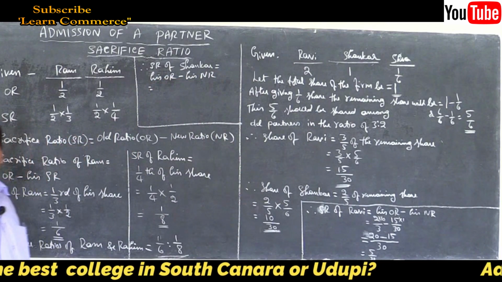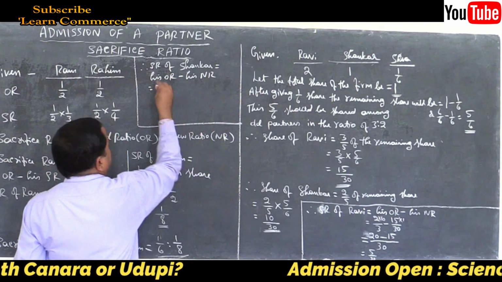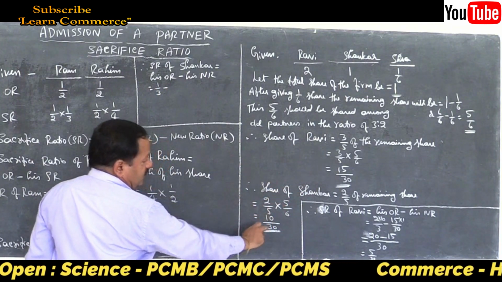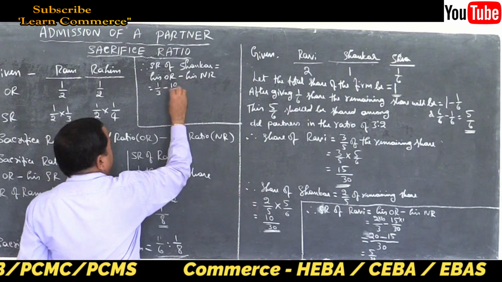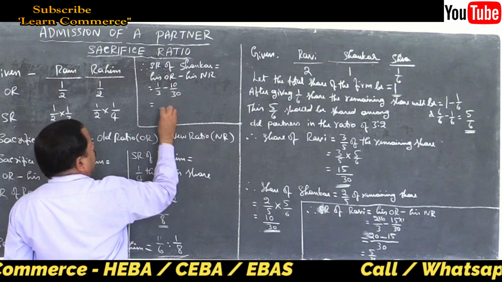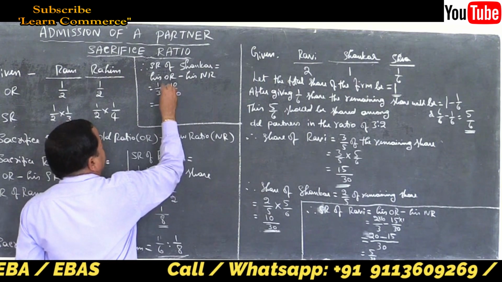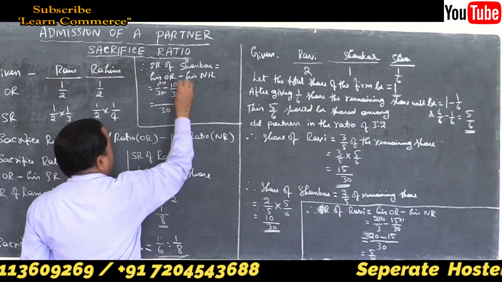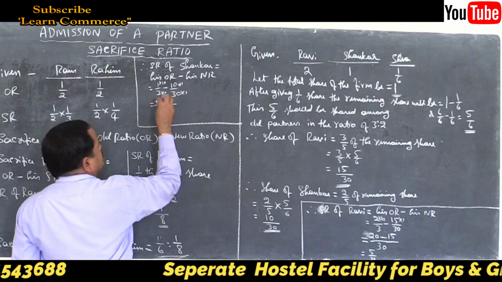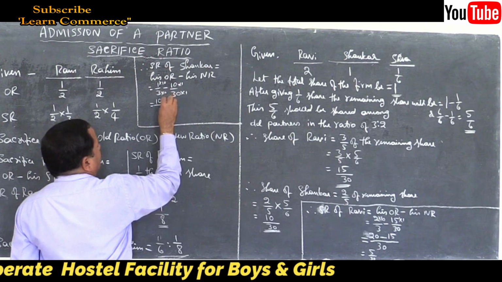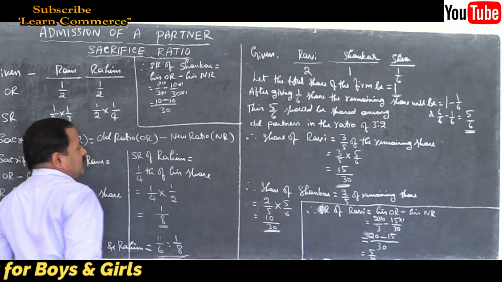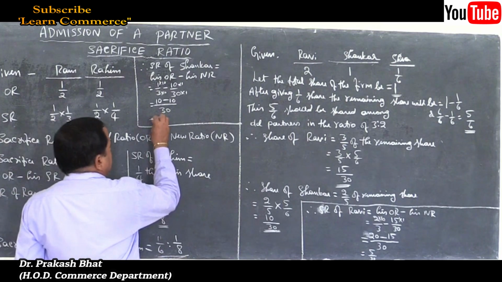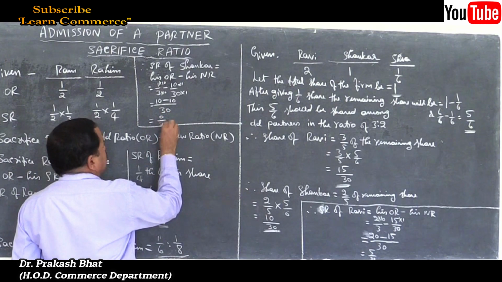Old ratio we know given in the problem 1/3 minus new ratio we have calculated 10/30, is equal to, take 30 as the common denominator, 3 10s are 30, multiply the numerator by 10, 3 1s makes no difference. So 10 1s are 10 minus 10. So it is 0/30.